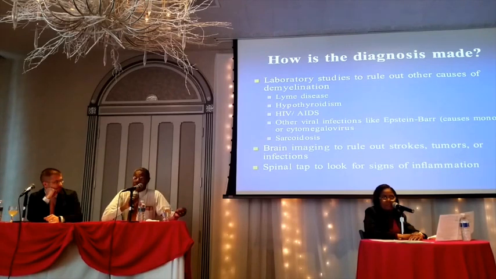For example, lupus is a disease where your immune system affects your connective tissues, the tissues that connect muscles to bone, muscles to each other, that line your organs, things like that. And people with lupus can develop scars in their brain that look just like multiple sclerosis. And so it's really important to look for other immune diseases because the treatment's a little different from multiple sclerosis. Before we say you've got multiple sclerosis, we want to be right.